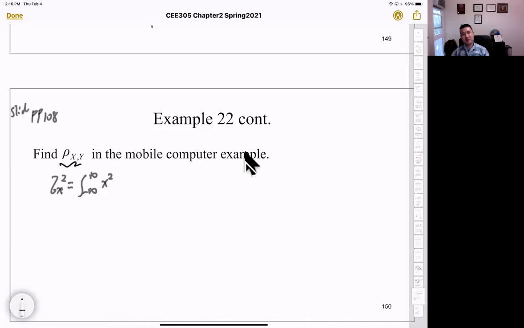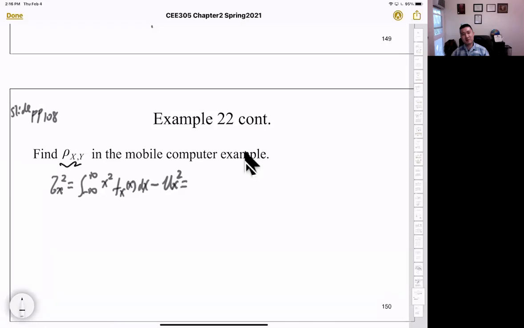That's the equation for the variance: the integral of x squared times the marginal function f(x) dx, minus mu x squared.